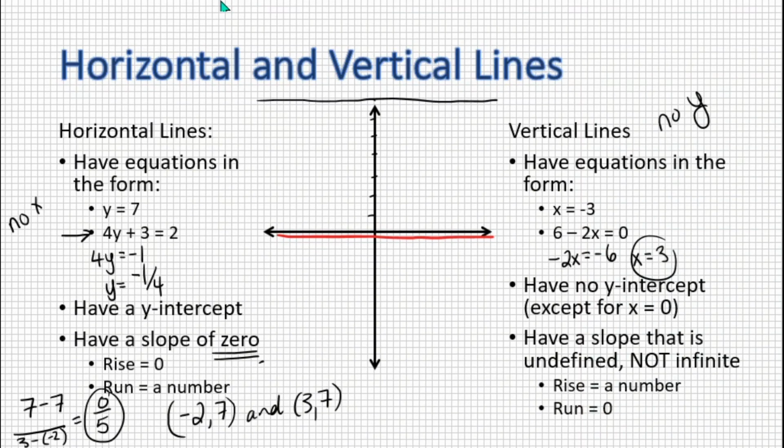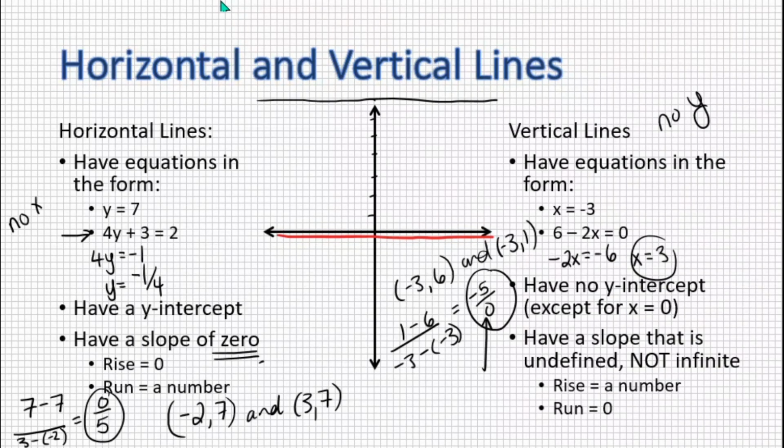Don't say infinite. People like to say infinite, but the slope is not infinite. It is undefined. And the reason behind that is, let's take 2 points on the line x equals negative 3. Let's say (-3, 6) and (-3, 1). When you do the math there, you do 1 minus 6 for the change in y, and you do negative 3 minus negative 3, and it's going to give you negative 5 over 0.